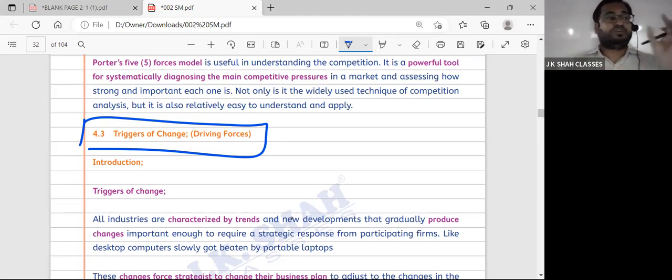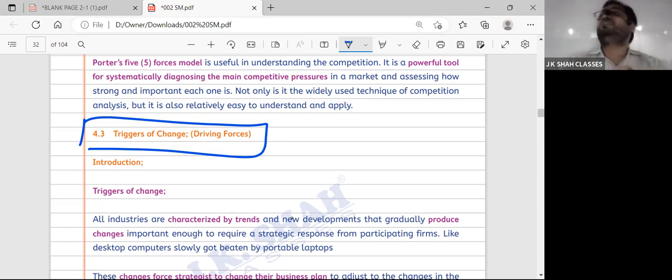If we are able to adapt to the changes, we will be able to be successful and survive the competition. If we are not able to adapt, we will perish, we will fail. So not all factors that bring about a change are important, but those which bring about the change are called driving forces. They are the ones you should pay attention to.